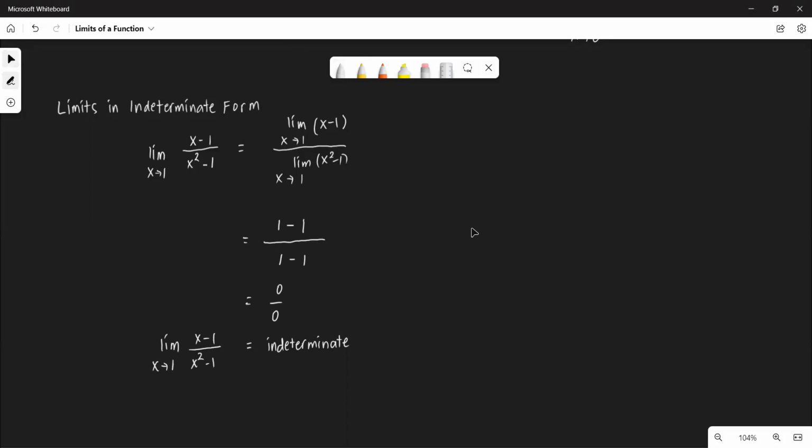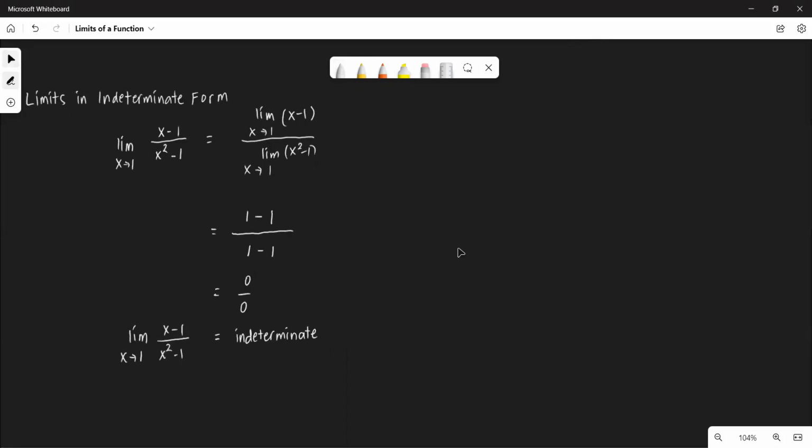Let me show a graph of the given function and let's see if there's really a limit or there's none. It looks like this.